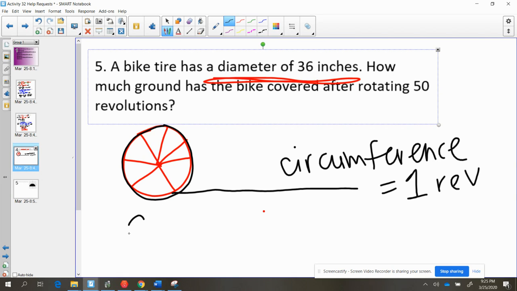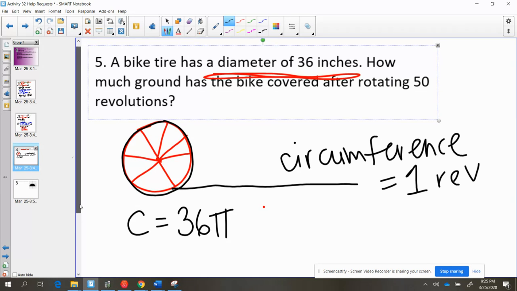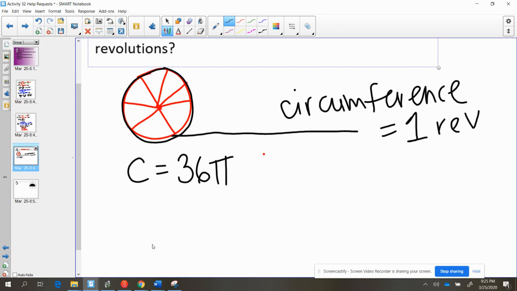So initially, in order to find the circumference using the diameter, we could just take 36 pi, okay? Well, 36 pi is again one revolution. We want 25 of those. So we're going to take 36 pi and multiply it by 25 to get our final answer.